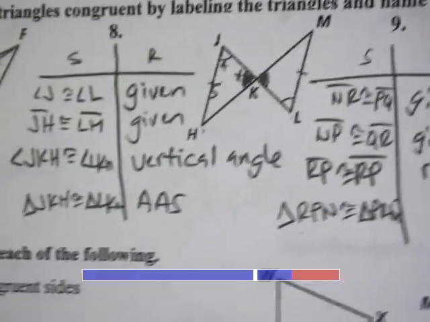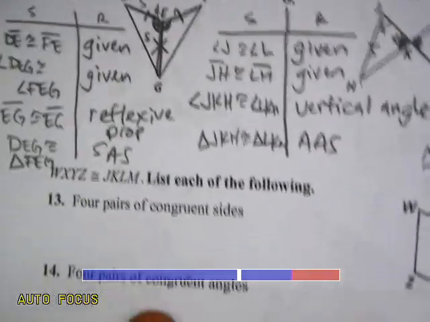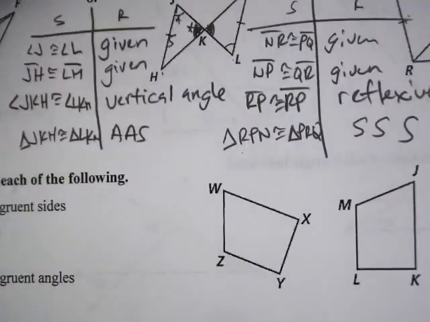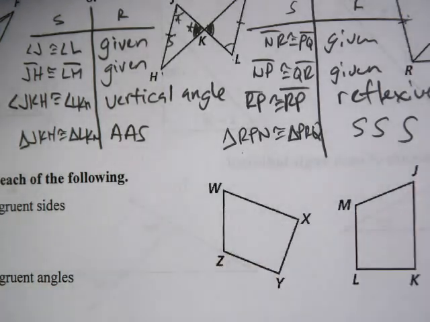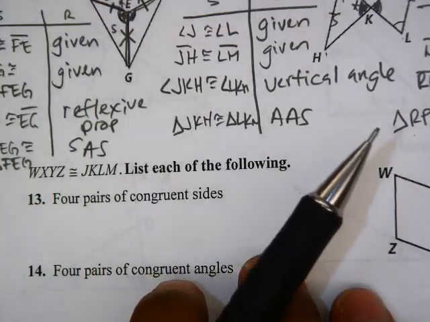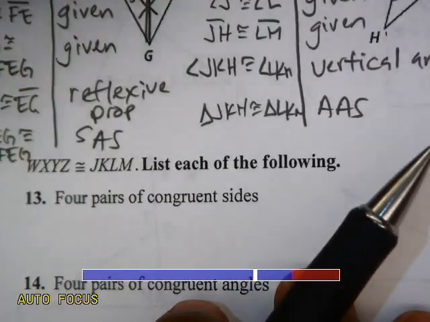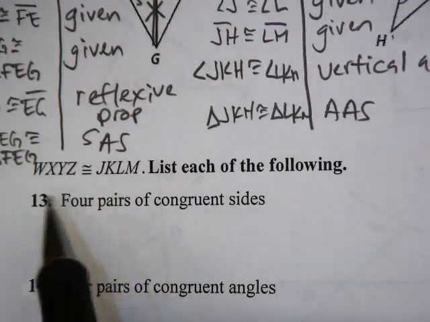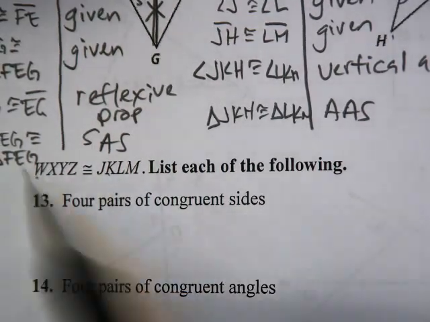So 13 and 14, I need to list the pairs of congruent sides and congruent angles. I can look at the picture, or I can look at the congruency statement. I'm going to look at the statement. The statement's written very precisely. It tells me that angle W matches up with angle J. So I'll just write that.